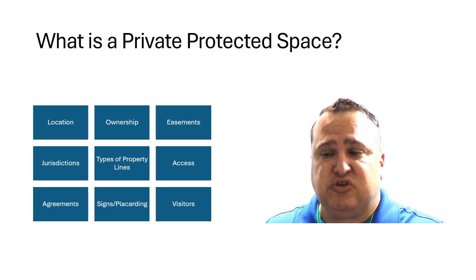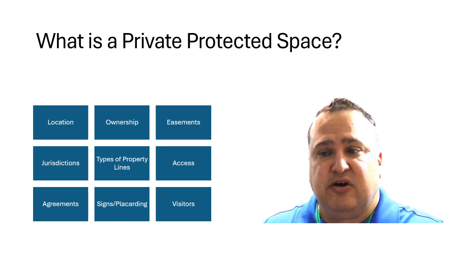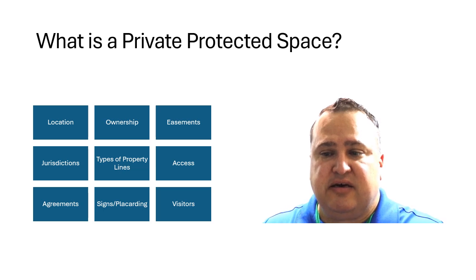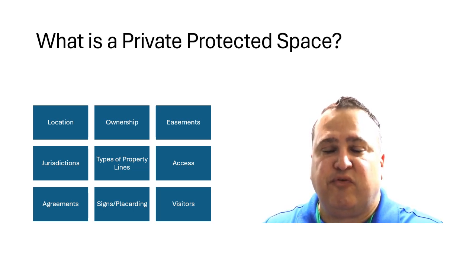Jurisdictions, as far as the jurisdiction the property may be in, types of property lines, access, agreements that you may have with other owners, and signs and placarding, which are very important. And as far as your visitors, who do you expect to be visiting your property or the property that you intend on performing this physical security audit?